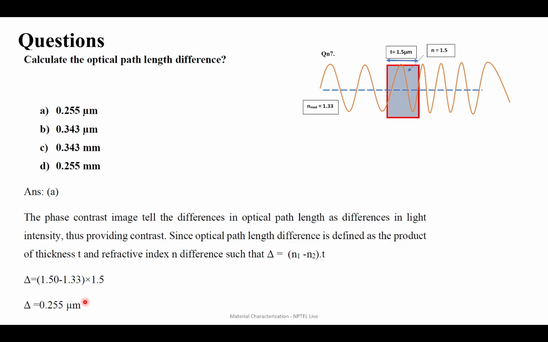So the product will come out to be 0.255 microns.